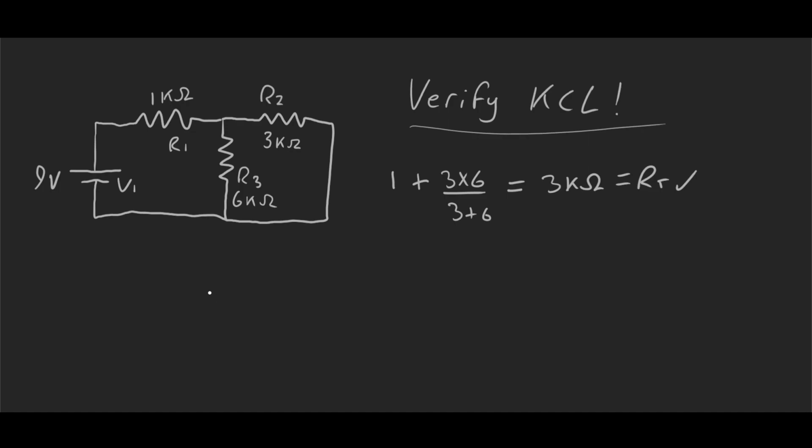So now we have the total resistance. We can find the total current flowing through the circuit. So 9 volts over 3 kilo ohms will give you 3 milliamps. That's the total current. So now we've found the total current. Let's find the voltage drop across R1 because it's in series with the power source.